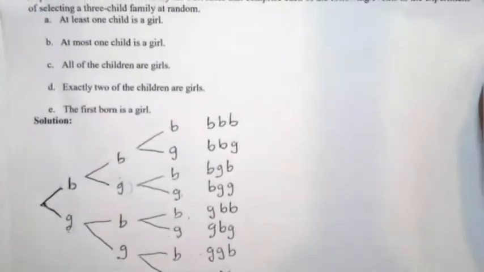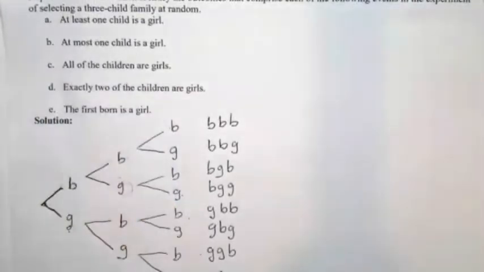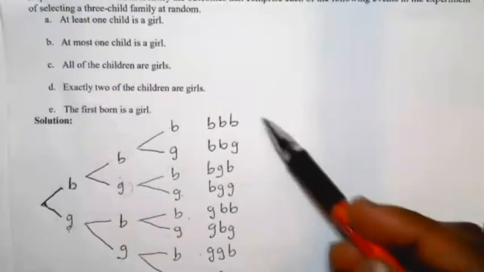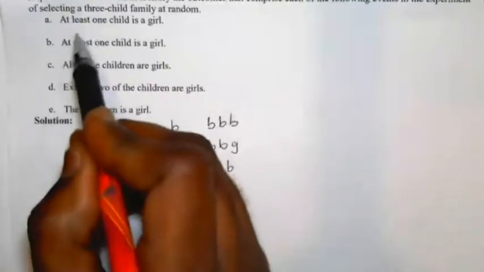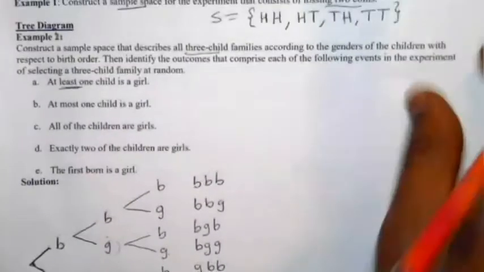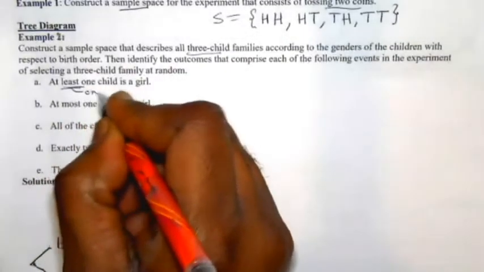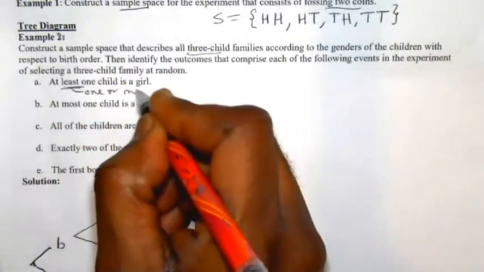The first question says, at least one child is a girl. So if you go to the possibilities, we're going to look for at least one child. What's the meaning of at least one child? At least one means one or more.